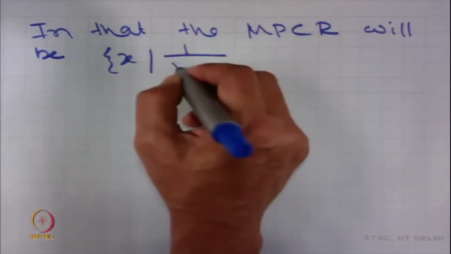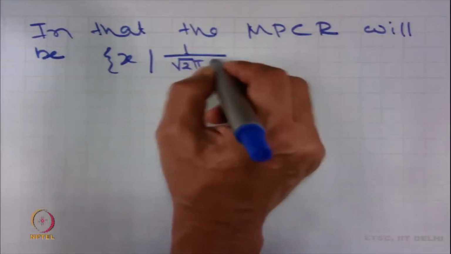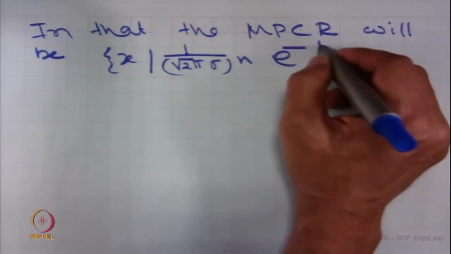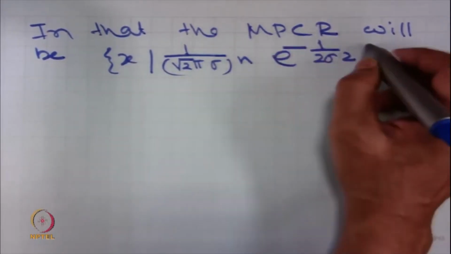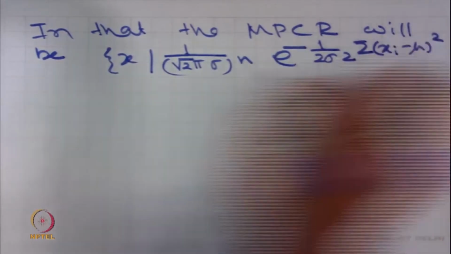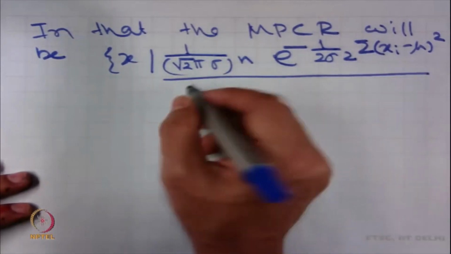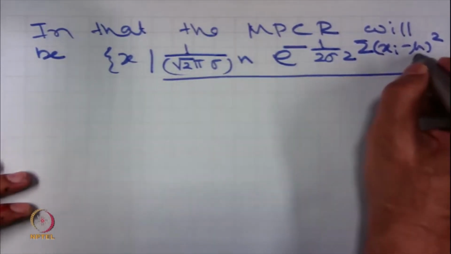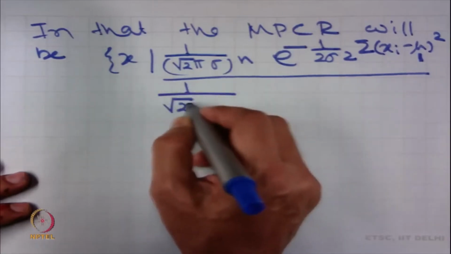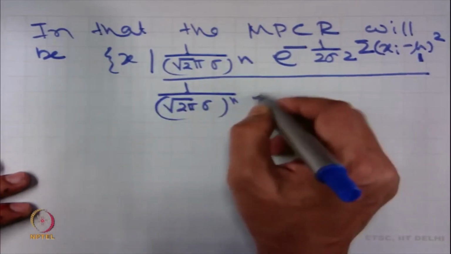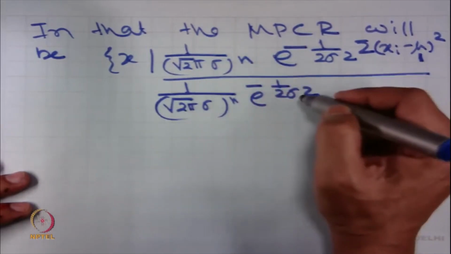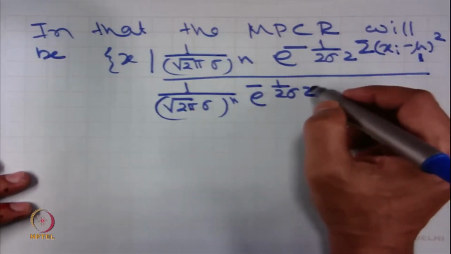1 over root 2 pi sigma whole to the power n, e to the power minus 1 upon 2 sigma square sigma xi minus mu 1 whole square, upon 1 over root 2 pi sigma whole to the power n, e to the power minus 1 upon 2 sigma square sigma xi minus mu naught whole square. Sigma square is known for both of them and it is the same.